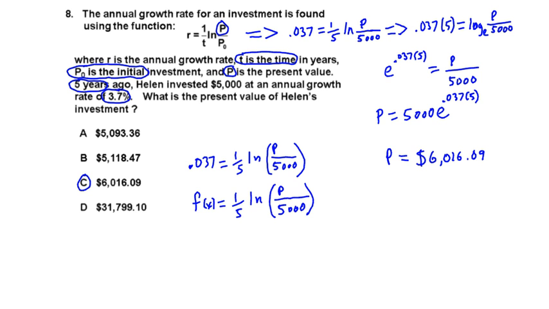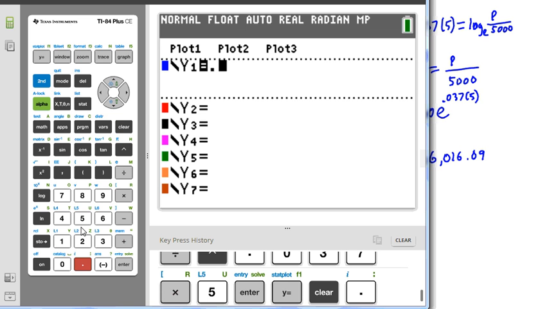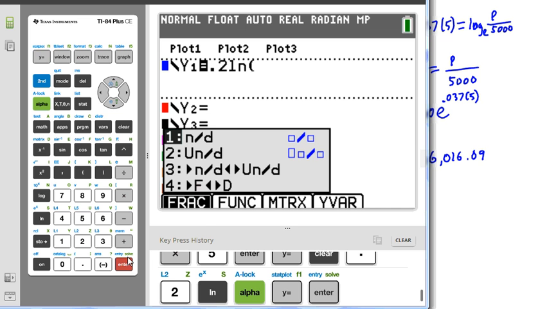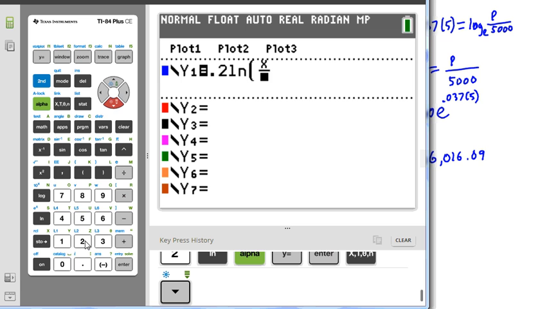And so we go to the calculator and graph. Make sure I have this right, we have 1/5, that's 0.2, times natural logarithm of x over 5,000.